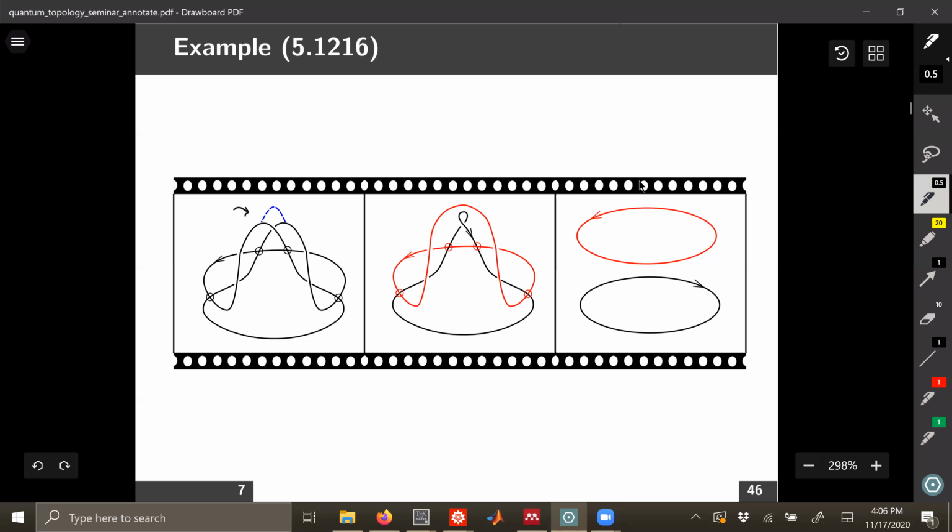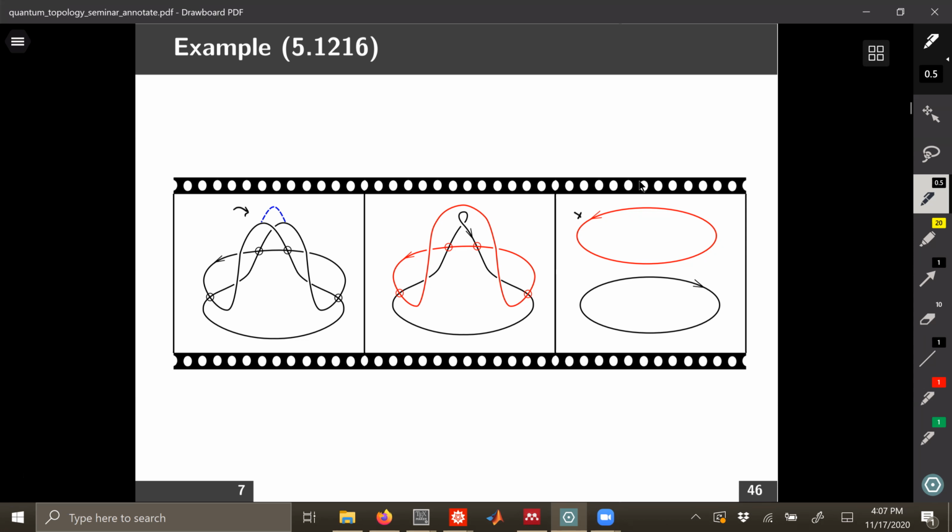And so after you perform the saddle, you get a 2-component virtual link. After doing some extended Reidemeister moves, you can separate these into a 2-component unlink. And so if you kill the red component, you had 1 saddle and you had 1 death.